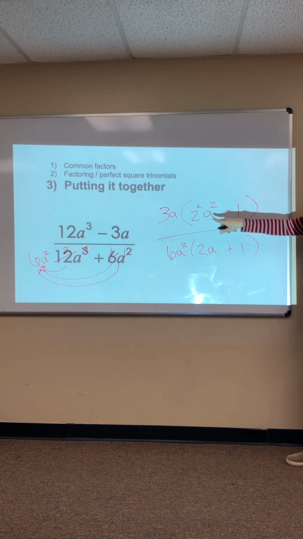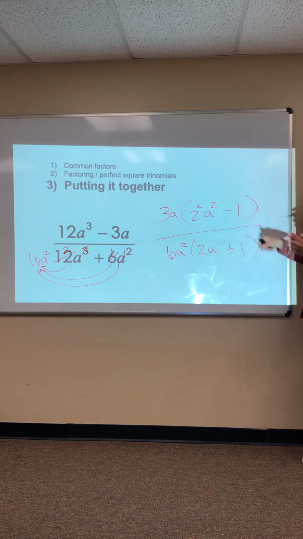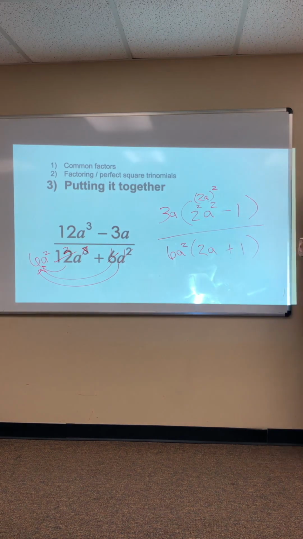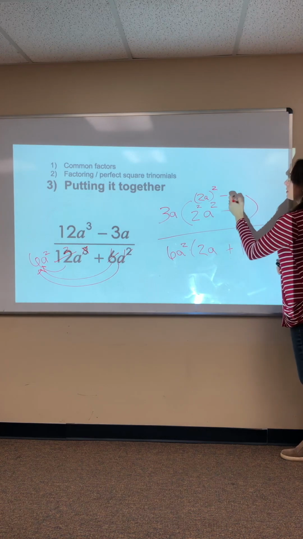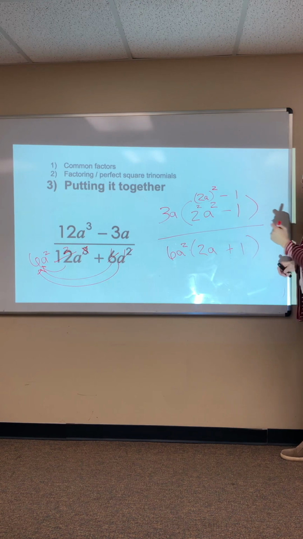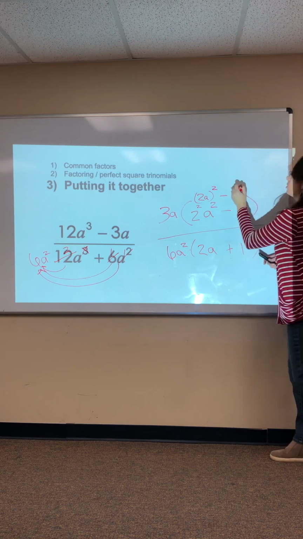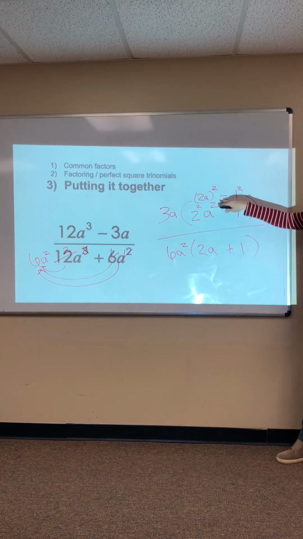How could we write 2 squared times A squared? 2A, the whole thing squared, correct? Minus 1. 1 can have any exponent, because it's always the same. So 1 squared. What do we have now? We have a difference of squares.